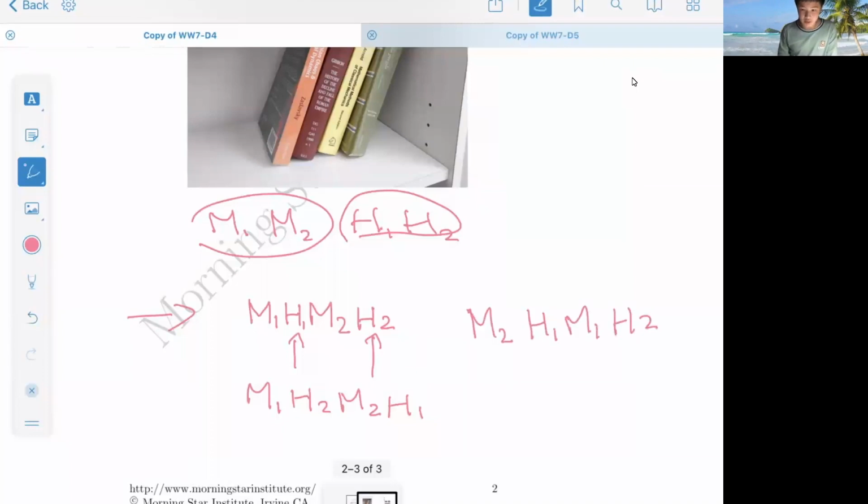Now we switch the history again, so that's M2, and then H2, M1, and then H1. So as you can see, for the cases that math comes first, there are 4 cases.